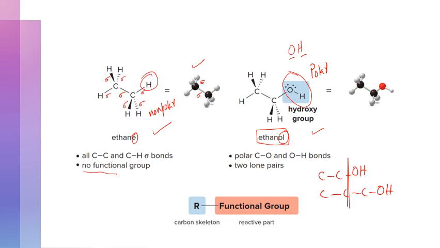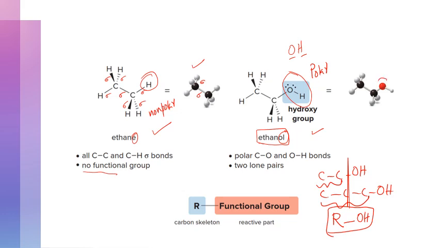In general, irrespective of the number of carbon atoms, we can represent any carbon skeleton by the letter R and a functional group. Here we just learned the functional group OH, so this can be a general formula for a functional group OH attached to a carbon skeleton.